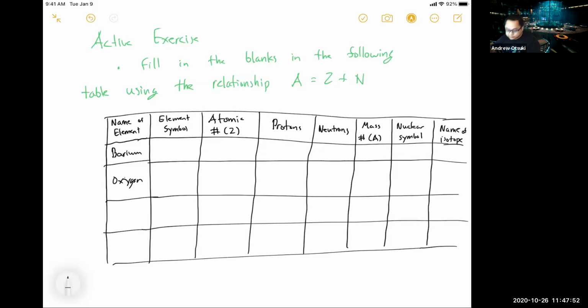Okay, let's fill in some more information. 82 for atomic number, 10 neutrons for oxygen. Barium will have a symbol of this, 56. 206 is the mass number for the unknown element right here.